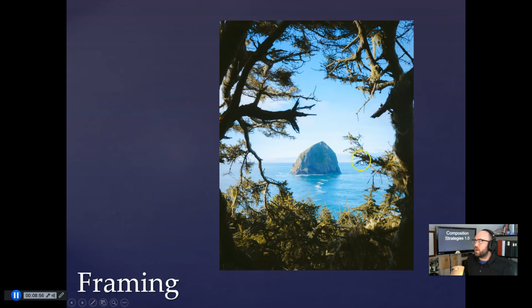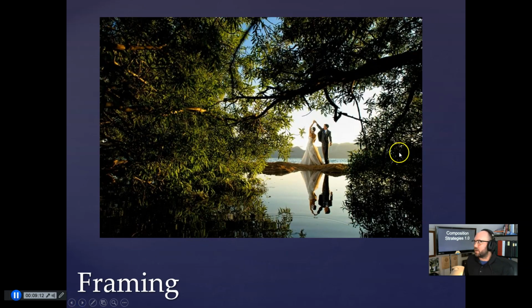In the next one, you have this nice rock island out in the middle of the ocean, probably, and it's shot through all of these trees and brambles and all that kind of stuff. And then our last example here is if you were at a wedding, this would be a really good idea, right? To get your couple to stand somewhere that you've already scouted out and you've said this would be a really good place for having my framing take place.